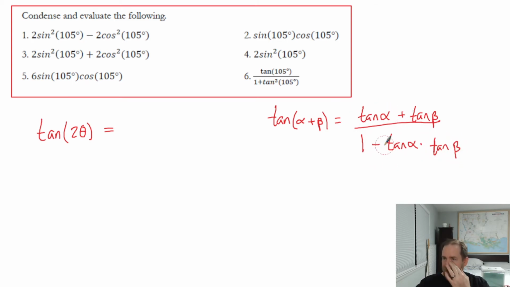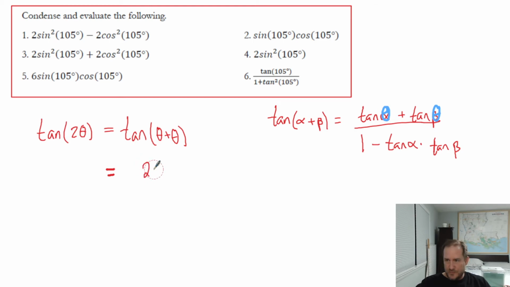So if you knew that, then what you do for this is you think of tangent of 2 theta as the tangent of theta plus theta, meaning that over here alpha and beta are both theta, and so in the numerator you've got tan theta plus tan theta. That makes 2 tan thetas, and so that's the first term of our expression here.